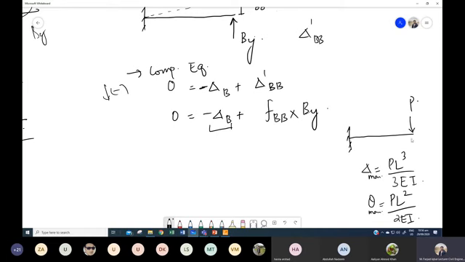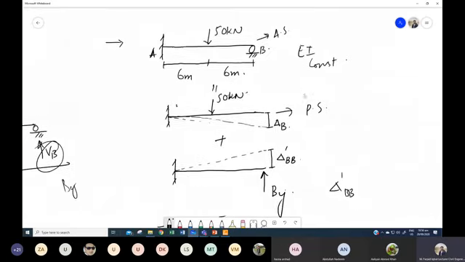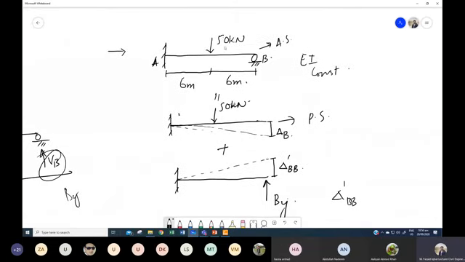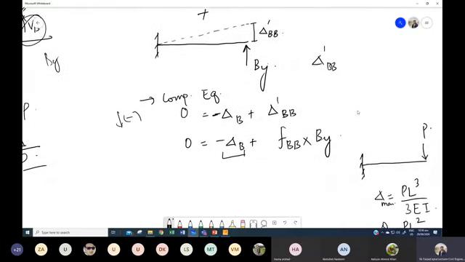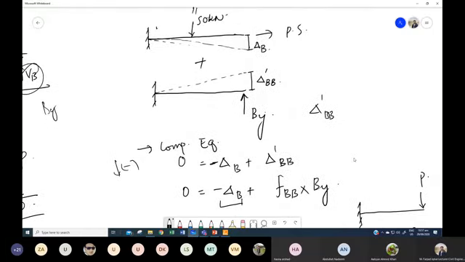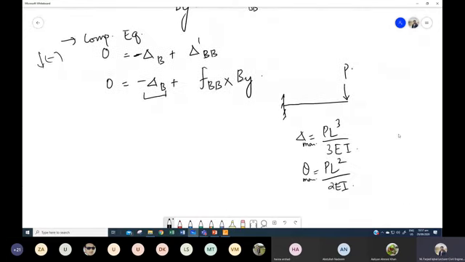In the case of a cantilever beam, usually the deflection and rotation are maximum under the point load, or at the point where the load is acting directly. In our case, the load is acting at the central point, and we need to find deflection delta B, which is directly at the extreme end. So we will slightly modify this.